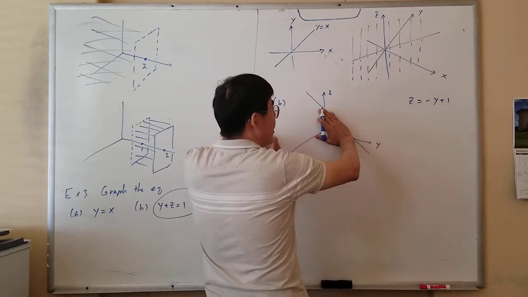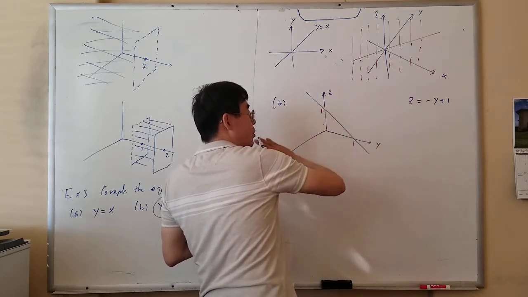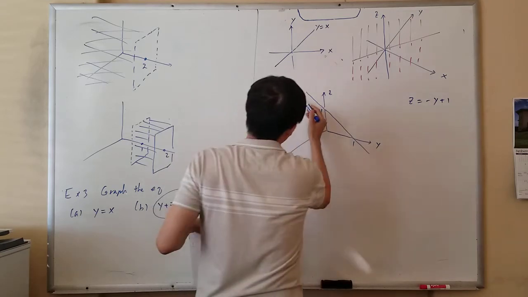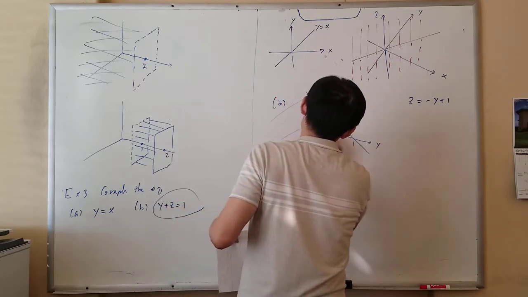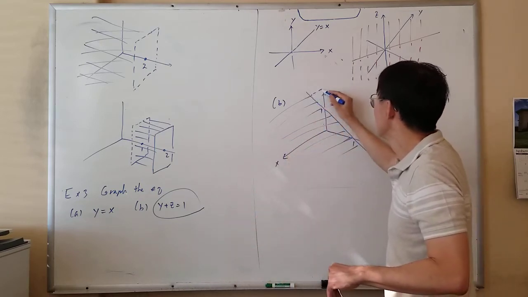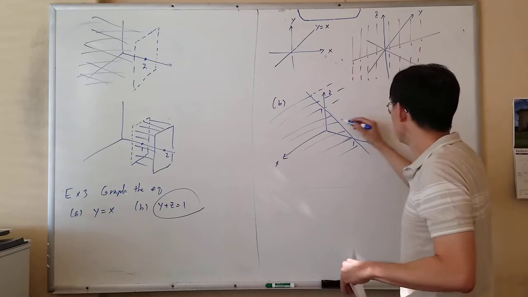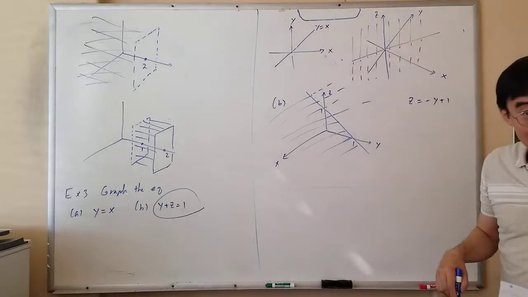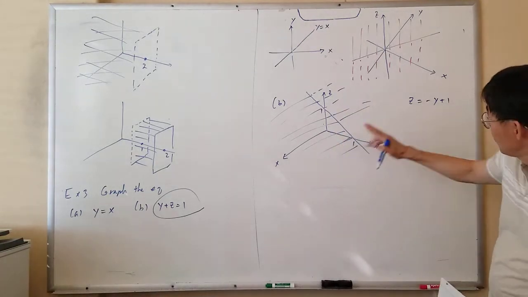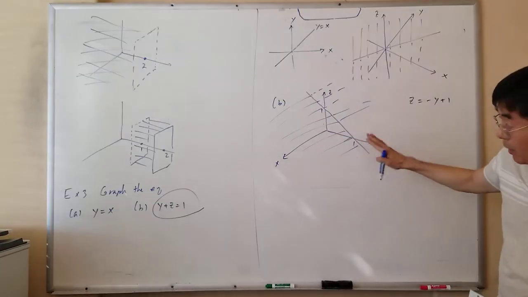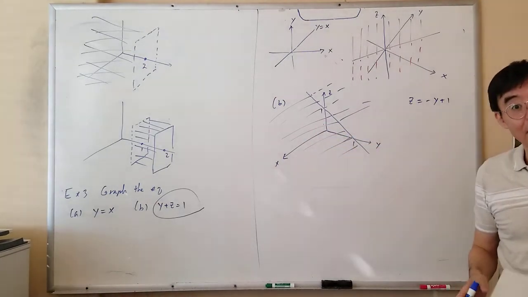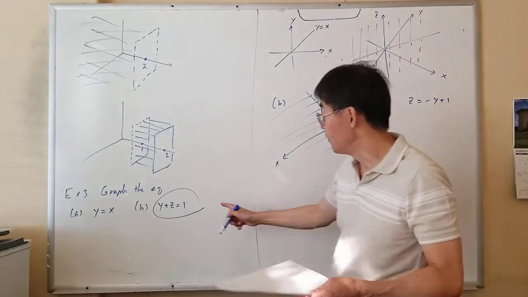But the plane is perpendicular to the yz plane. You think of a plane going through this line on the yz plane, parallel to the x-axis, or perpendicular to the yz plane. That would be the graph of this equation.